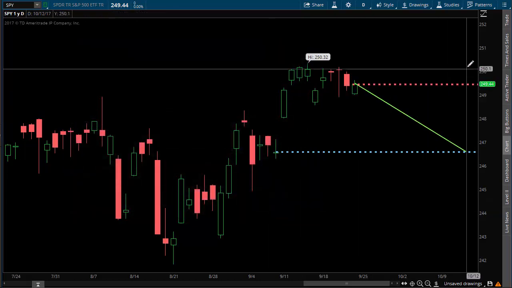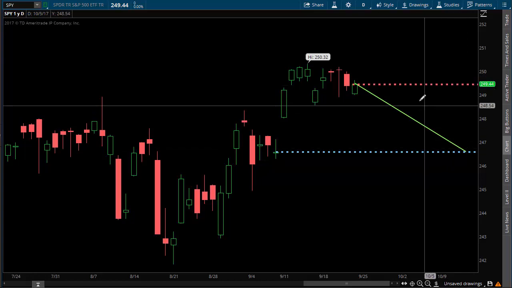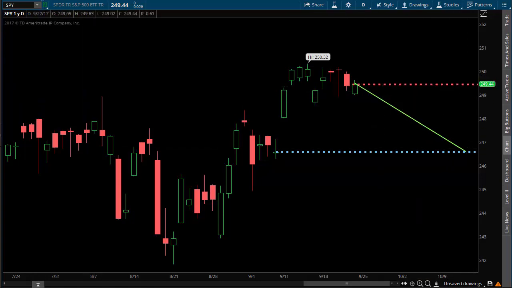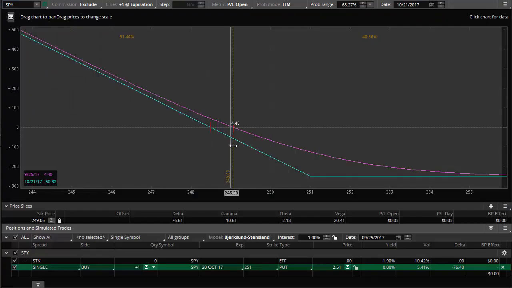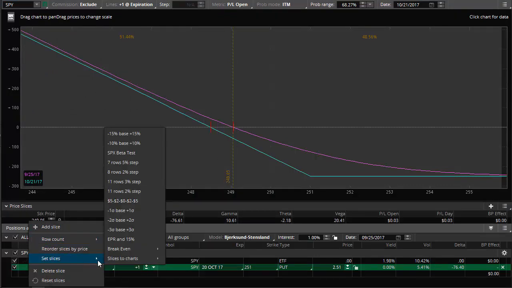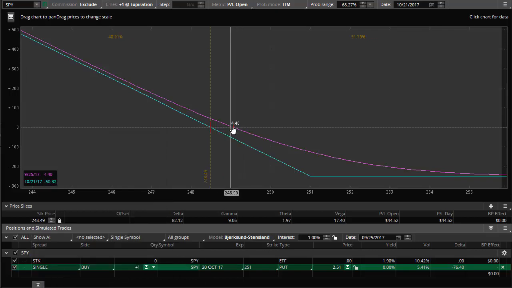If the stock were to rally, we would lose money and we would make money on the way down. So if we look at the risk profile for the put option, we're going to reset the break even to the October expiration. And you'll notice that it kind of jumped over a little bit. So the break even for this put option just straight up is at 248.49.